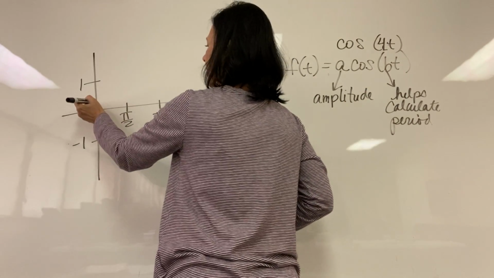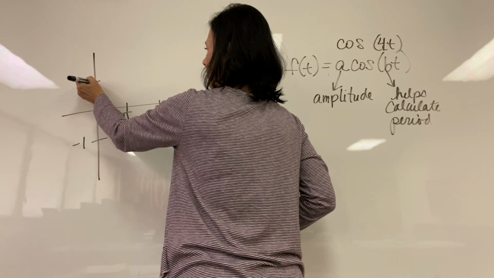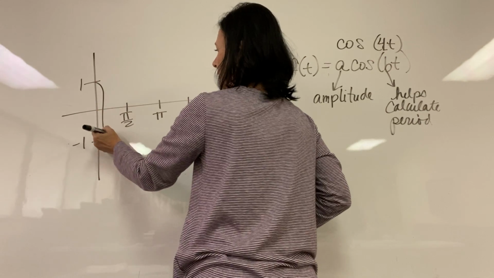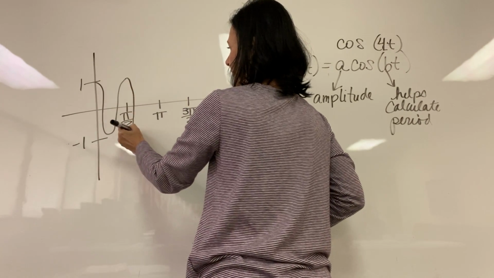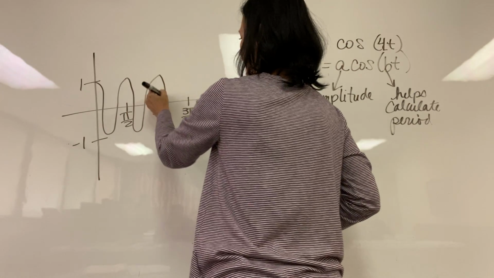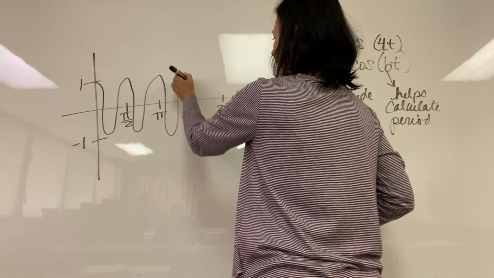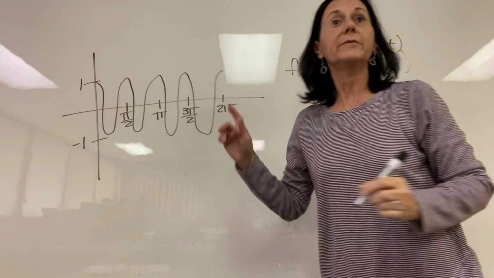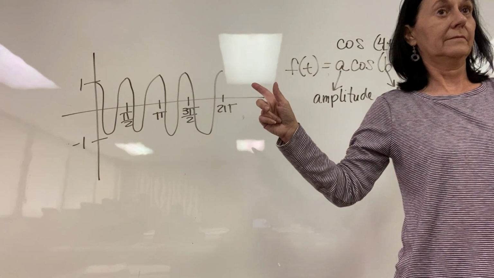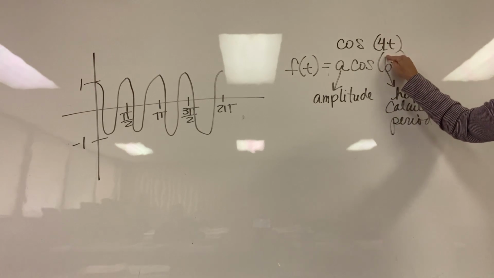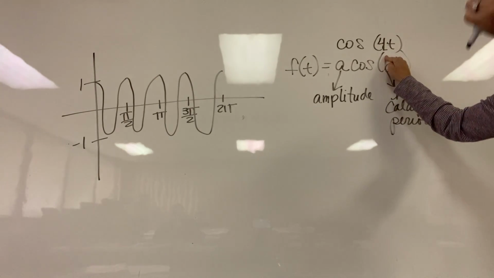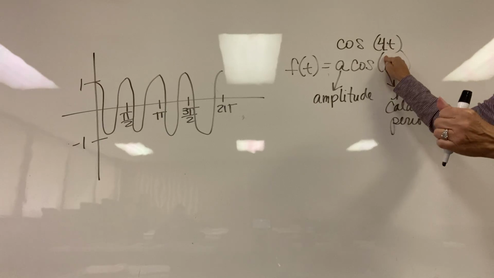There's going to be 4 complete cycles. This is going to be hard to draw. There's 1, there's 2, 3, 4 complete cycles. So that tells me how many complete waves I'm going to have between 0 and 2 pi.